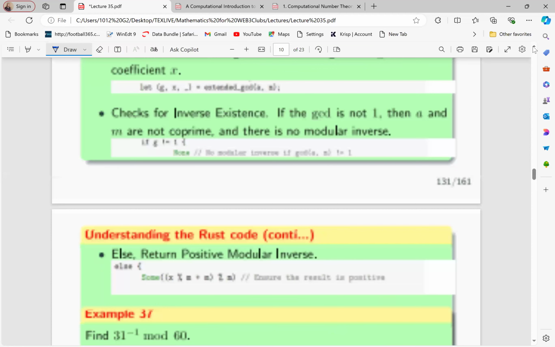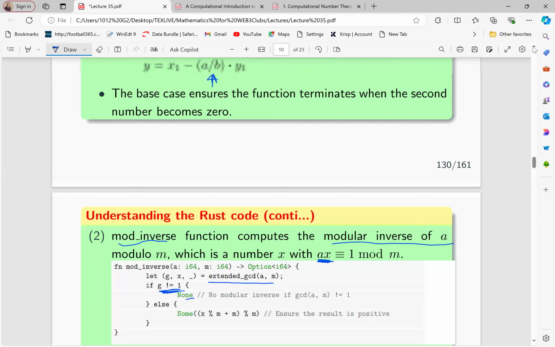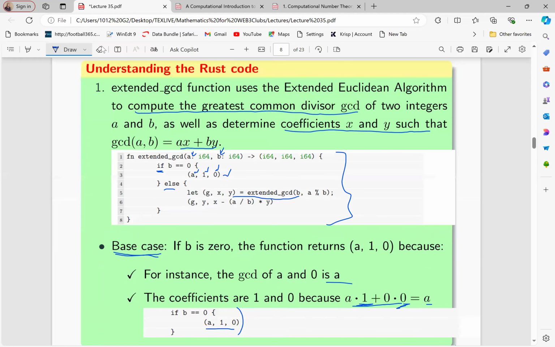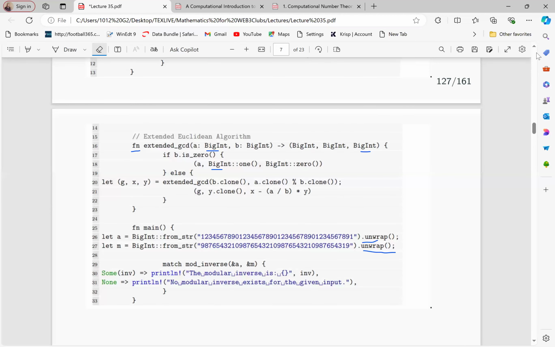Where is it? It's here. This is the extended function. Or let me use this other one, it's easier to see.